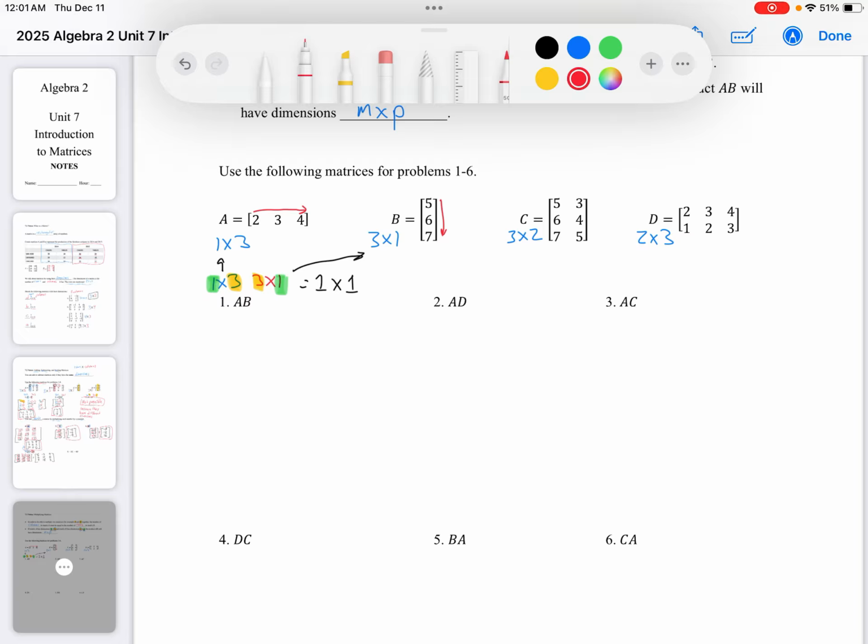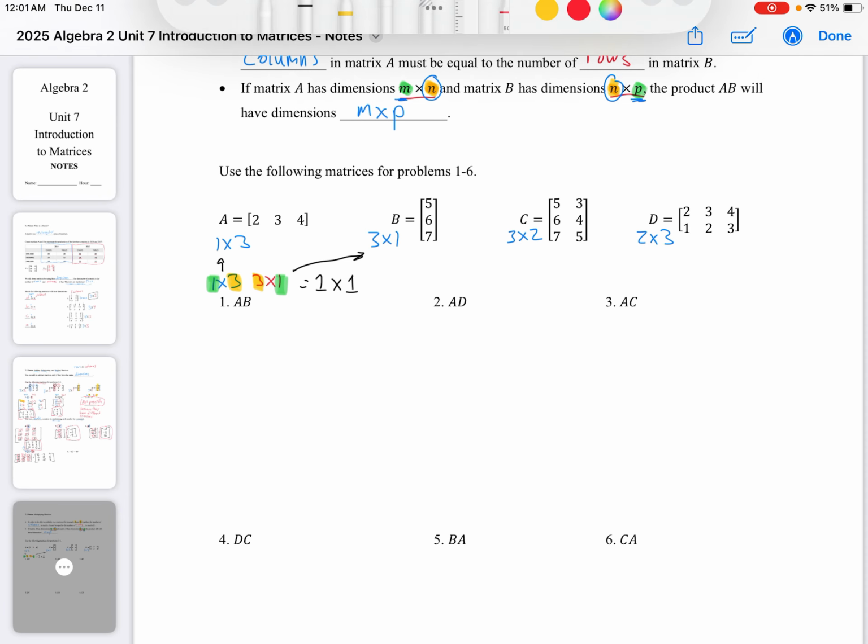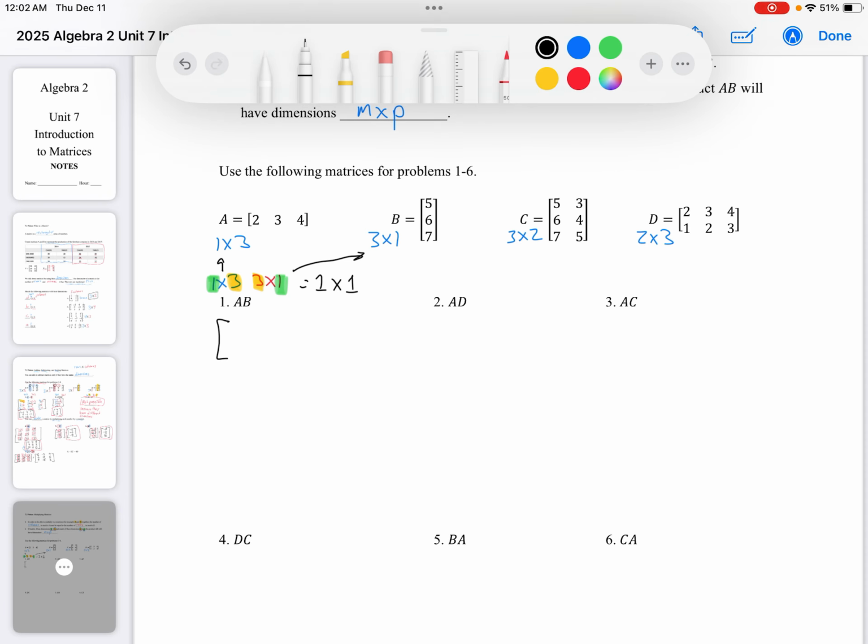So if I was multiplying these two together, I would start by multiplying this 2 from matrix A times the 5 from matrix B.